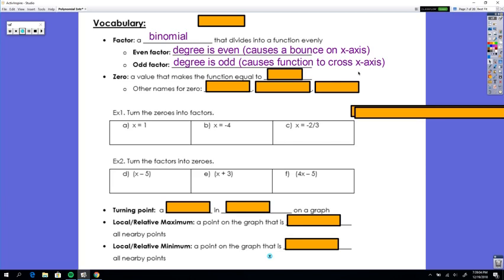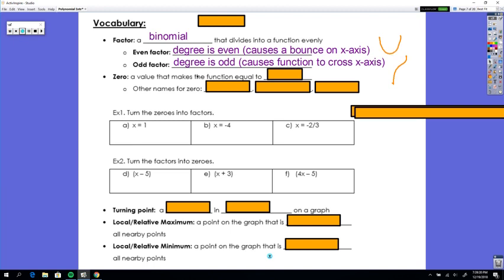If you think about a quadratic function, we know that it has an even degree. A quadratic function looks like this, meaning it bounces off the x-axis, if you're thinking about the original parent function. Our cubic function that we just drew over here has an odd degree and it crosses through the x-axis.